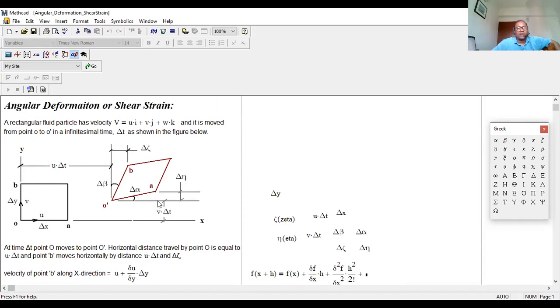If I apply tan, I know the perpendicular distance, this one. Tan alpha equals perpendicular by base. That means this eta divided by this distance.